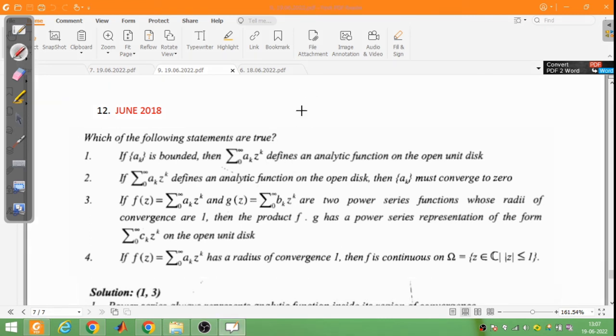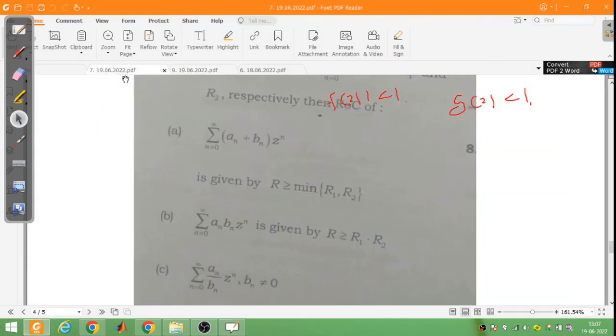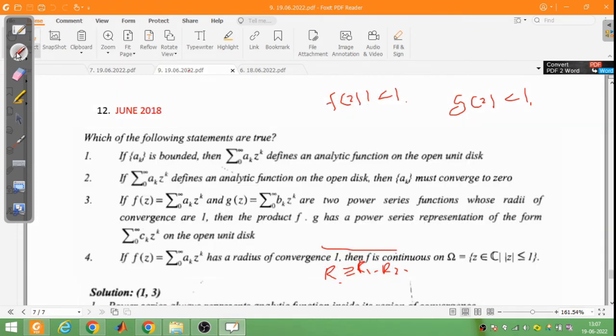Are you clear, ma'am? For f the radius of convergence is 1 and for g it is 1, and from my property, when multiplying two power series, the radius of convergence R is always at least R1 times R2. Here this is R1, this is R2, and multiplying gives R equal to 1.